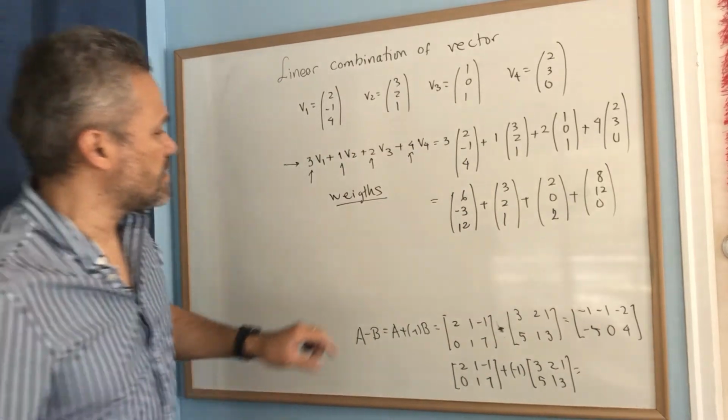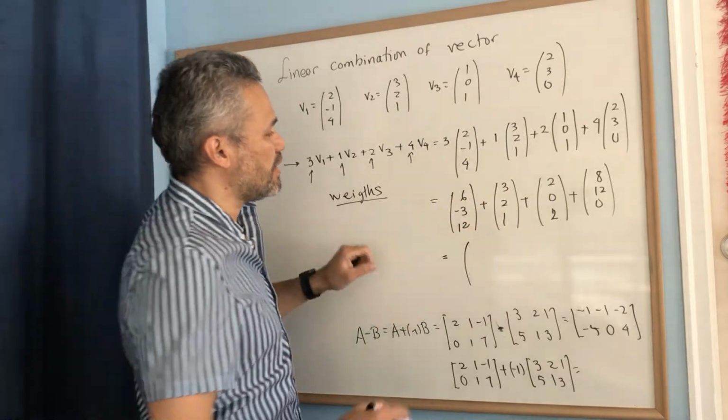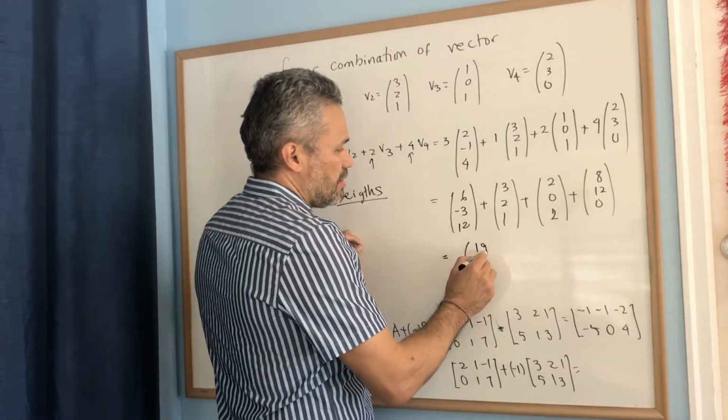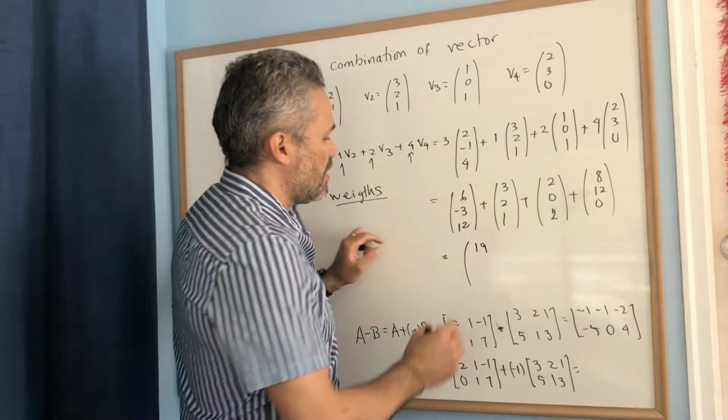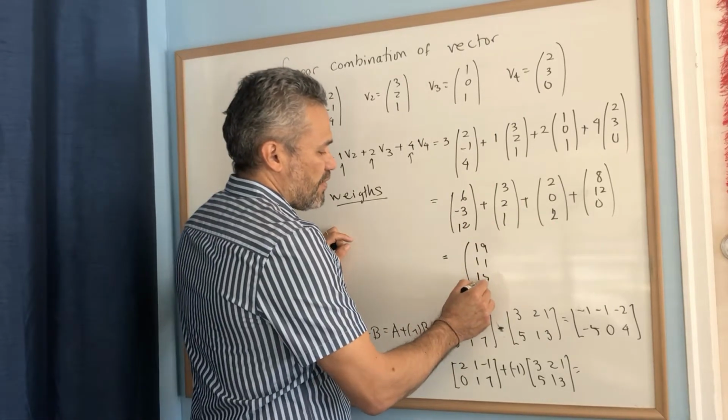And then in this case we get (19, 11, 15).